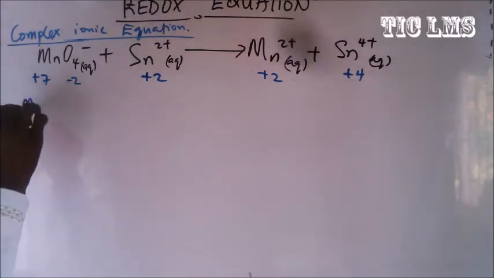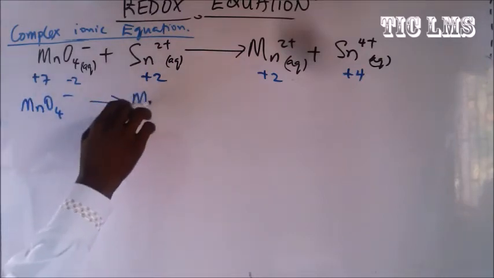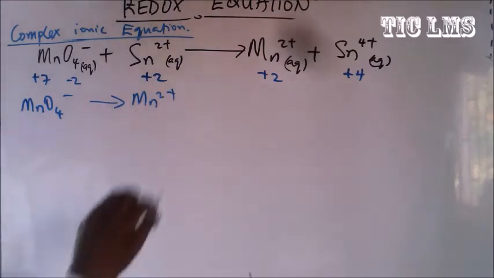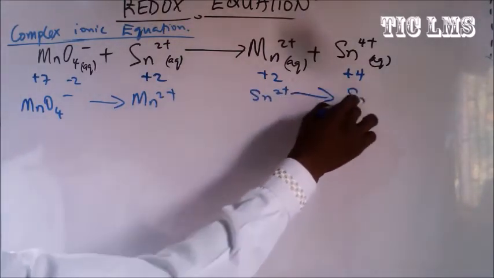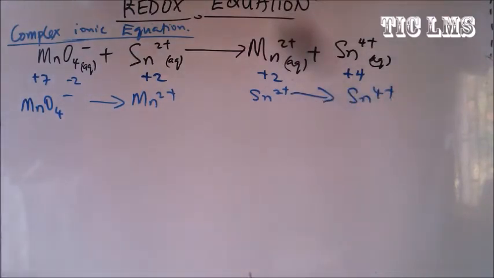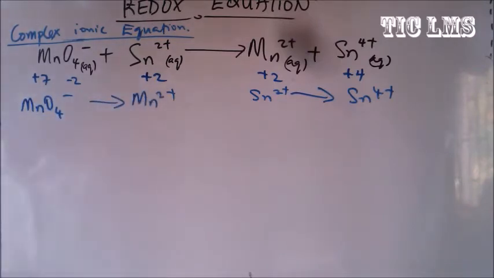Next, we write the half-cell equation for the oxidation and the reduction reactions. We have MnO4- becoming Mn2+, and then we have Sn2+ becoming Sn4+. Now from here, our emphasis is on the manganese. Manganese here is +7 and it has become +2, meaning that it has gained electrons.